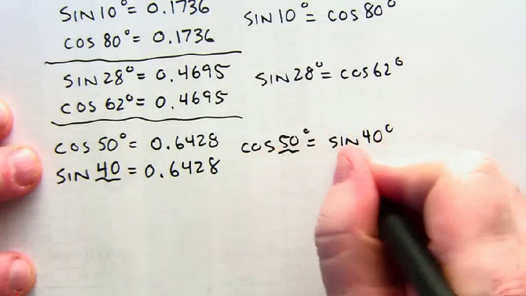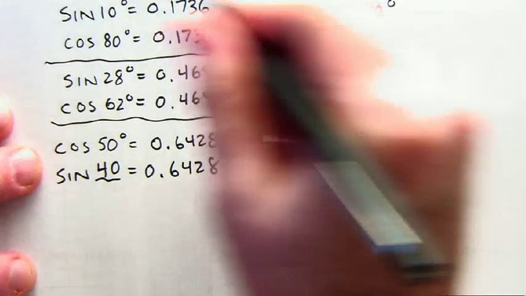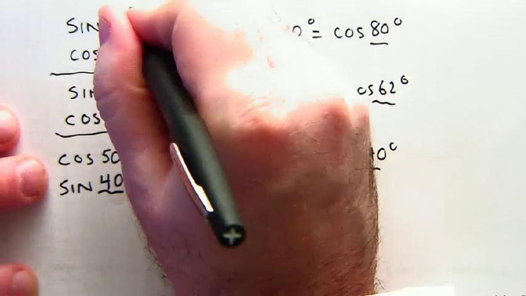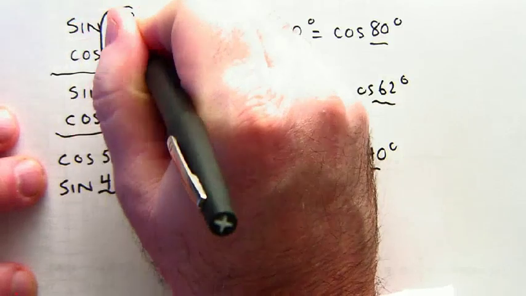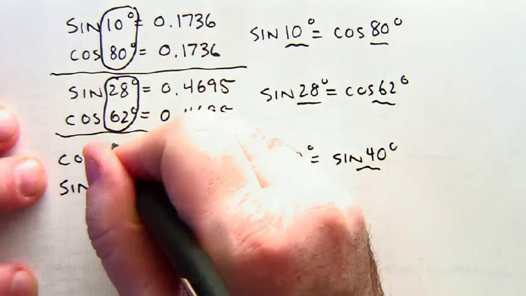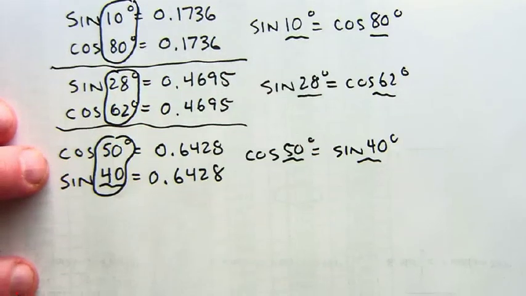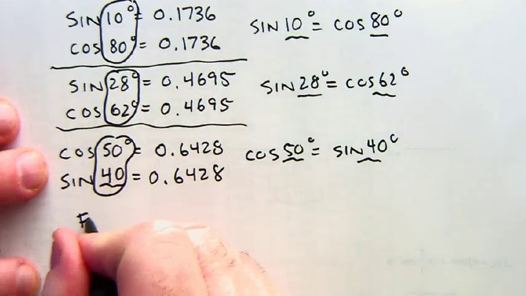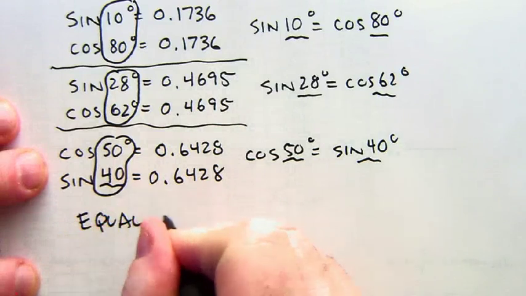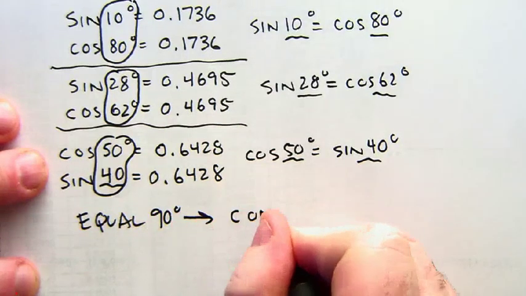Now what is it about these angles? Can you see a pattern in them? Let's take a look. Maybe this way is easier. Let me circle them. 10 and 80, 28 and 62, 50 and 40. Do you notice that they equal 90 degrees together? In other words, they are complements.